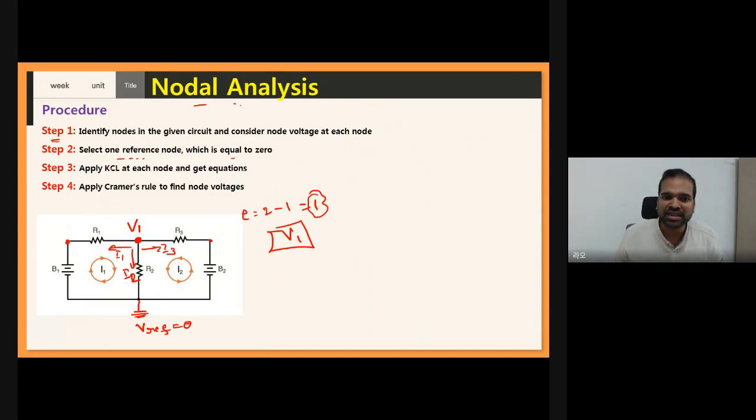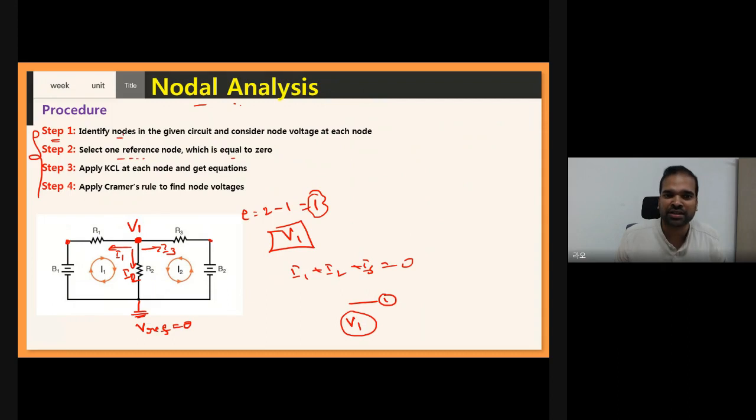Now apply KCL at node V1: I1 plus I2 plus I3 equals 0. If I solve this, I will get equation 1. After solving equation 1, you will find the node voltage V1.